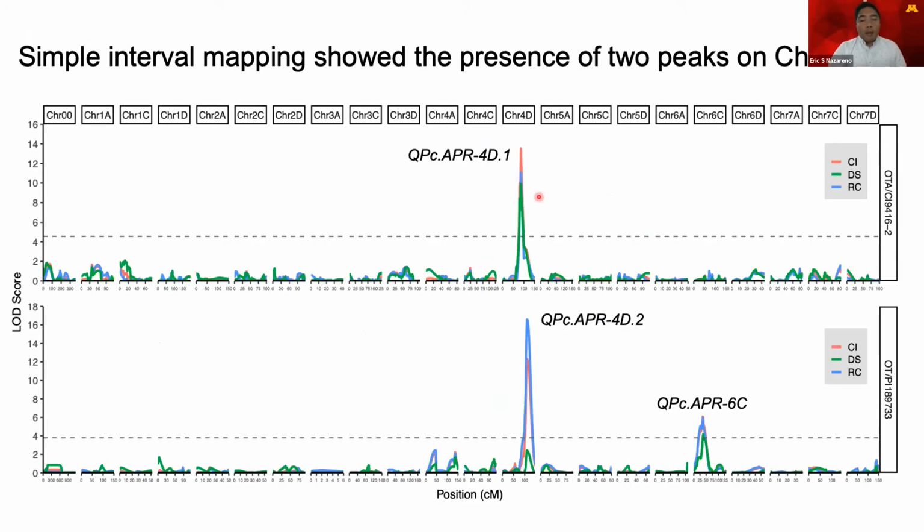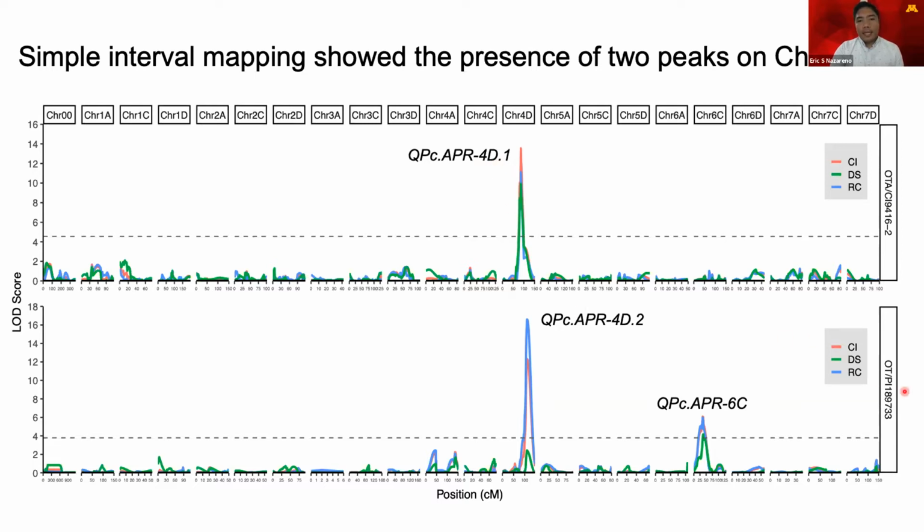And with the whole population genotyping, I conducted a simple interval mapping, and that validated the results of the bulk segregant analysis. And in here, we can see in this population, there's a QTL on chromosome 40 named QPC-APR-40.1.